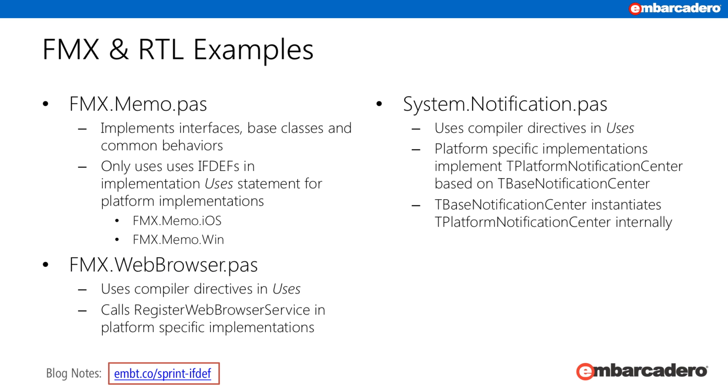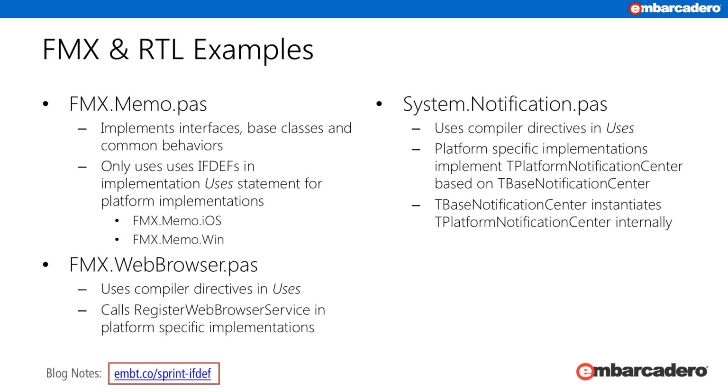So how do the RTL and FireMonkey framework use conditional compilation? I'm looking at three specific examples here, and pretty much universally, the way it works is there is a high-level unit. So in this case, we have FMX.Memo or FMX.WebBrowser or System.Notification. And then this high-level unit implements the common behaviors, the interfaces, the base classes, etc. And then in the implementation section's uses clause, there will be some if-defs to link in specific implementations for certain platforms.